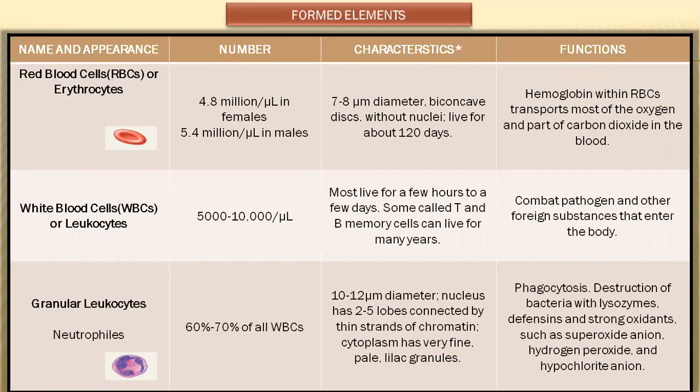The characteristics of red blood cells: in terms of size, they're between 7 to 8 micrometers in diameter, and they are biconcave, looking like a disc in terms of shape.